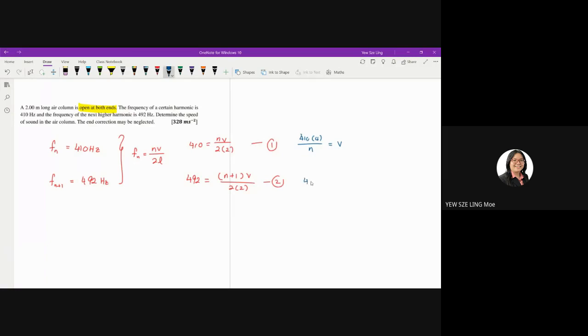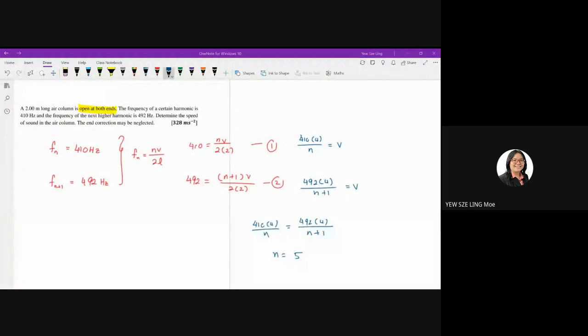For the second equation, 492 times 4 divided by n plus 1 equals v. If I equate the two equations, 410 times 4 over n equals 492 times 4 over n plus 1, I will obtain n equals 5.